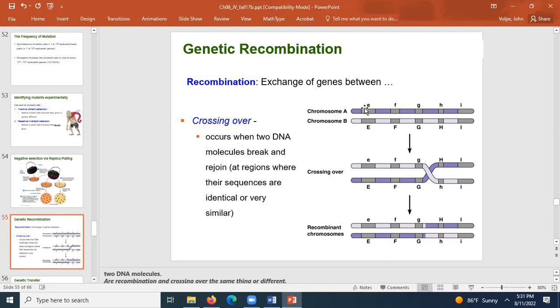Crossing over literally refers to the crossing of the chromosomes and then the breaking of the chromosomes where they exchange pieces. So they're similar. All cases of crossing over are a case of recombination, but not all cases of recombination are a case of crossing over.